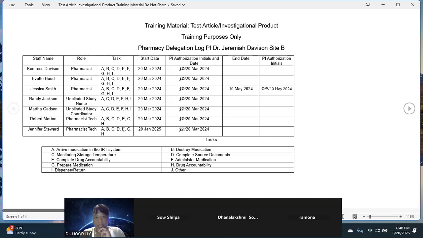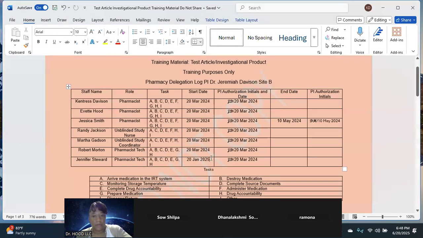She has a task. She has a start date. On hers, no. She doesn't have delegation task I, dispense and return. But however, she did what?